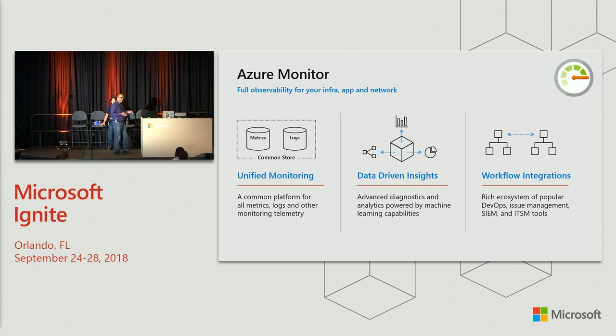And when you have this data in the common backend, you can generate end-to-end insights that allow you to dig into your application issue or your infrastructure issue, whether it's a VM, a container, or the underlying network. It also gives you a bird's eye view of your infrastructure and your application at the same time.